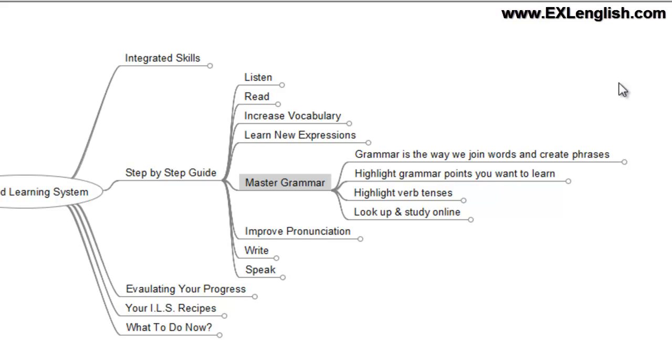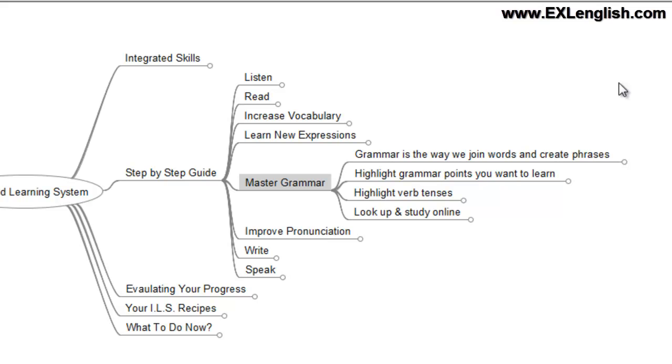Now, let me start out by saying that even though we're talking about grammar, I want you to understand that we're going to be talking about how the grammar is used in the context of the text that you're studying. I know a lot of people get caught up about the grammar.